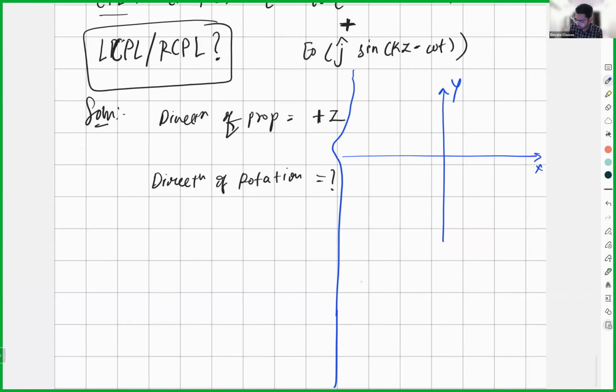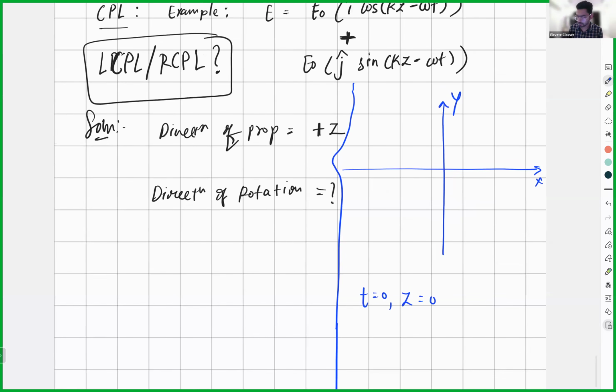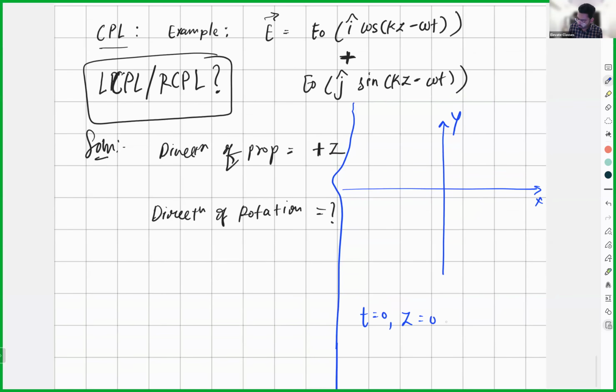So tell me, for t is equal to 0, z is equal to some fixed quantity, let us say 0. Where is the electric field vector on the xy plane? So for that, let us put t is equal to 0, z is equal to 0.